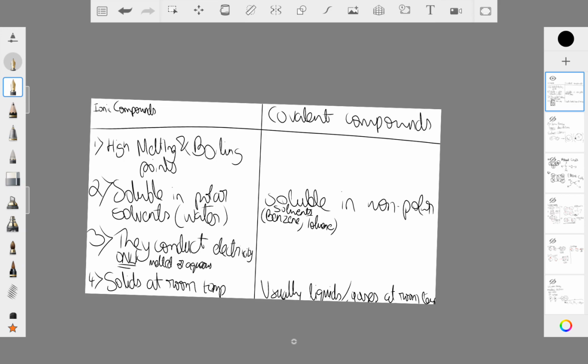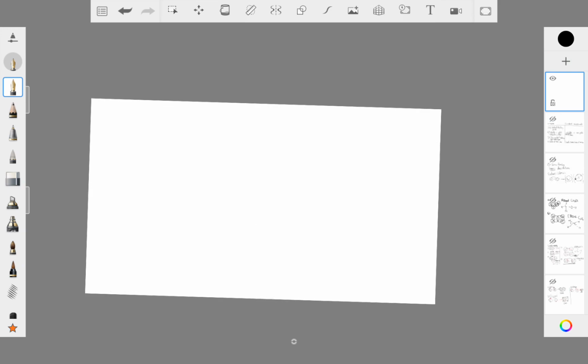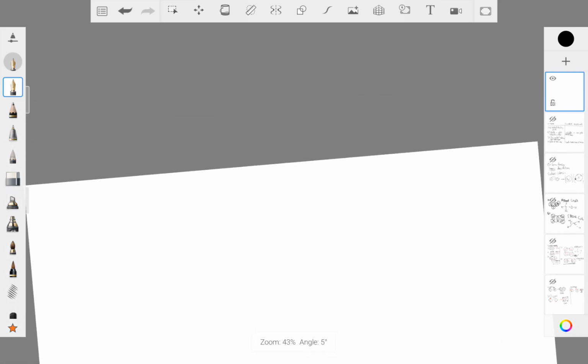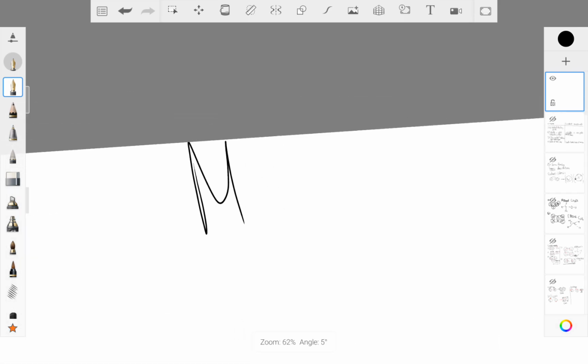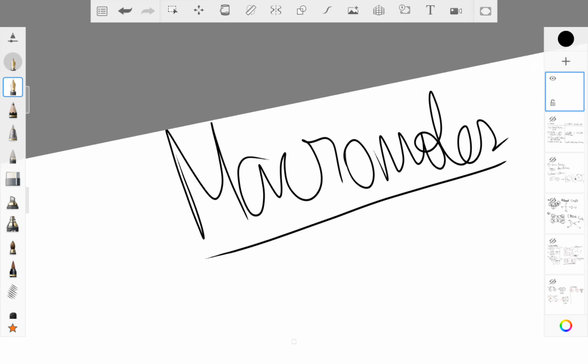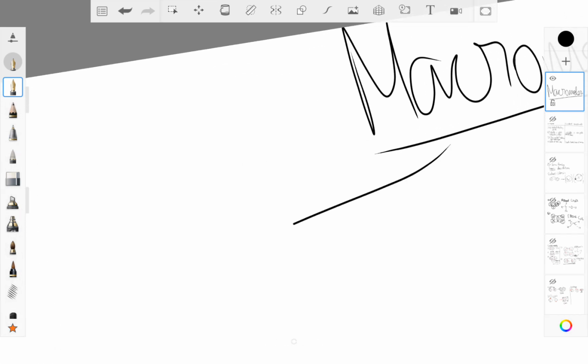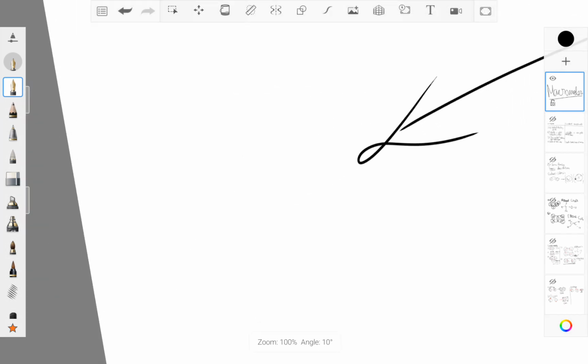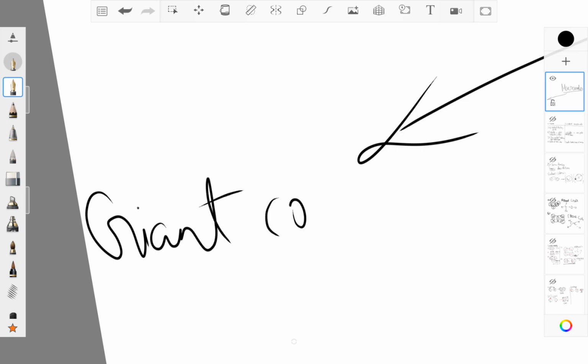Right. Now we move on to macromolecular structures, macromolecules. Now macromolecules are substances with giant covalent structures.